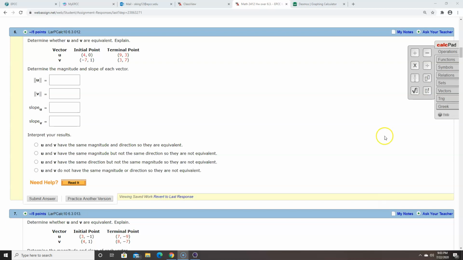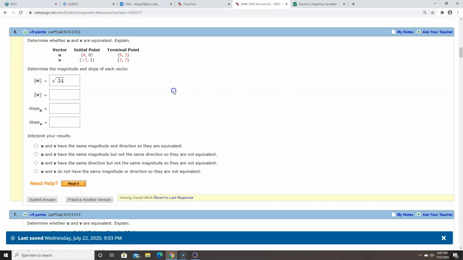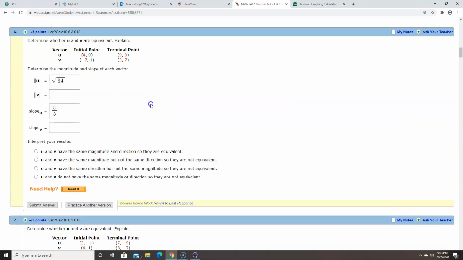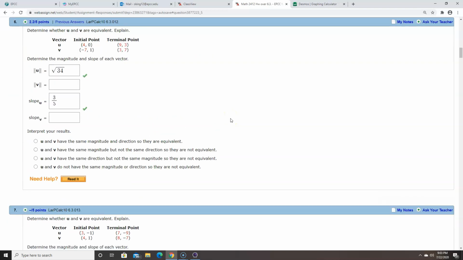And so the square root of 34, the slope was 3 over 5, we just said. And let's check that. So hopefully we have that correct. And there are those friendly green check marks.